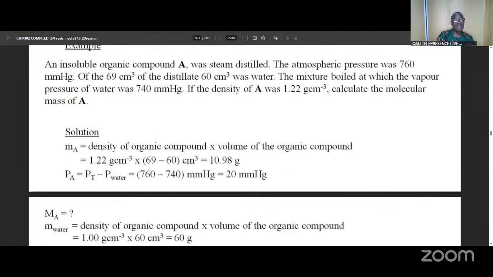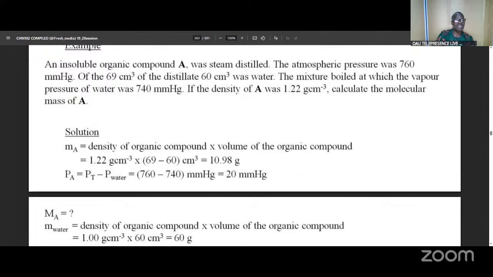Now, solution. Of course, we said mA is the mass of the organic compound. In this question, we don't have the mass, but we have the density and the volume of the organic compound. And you know that mass is equal to density times volume. So the density, 1.22 gram per centimeter cube, multiplied by 69 minus 60, because out of the 69 centimeter cube of the distillate, 60 was water.